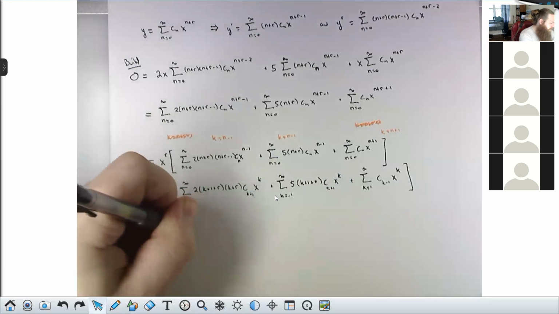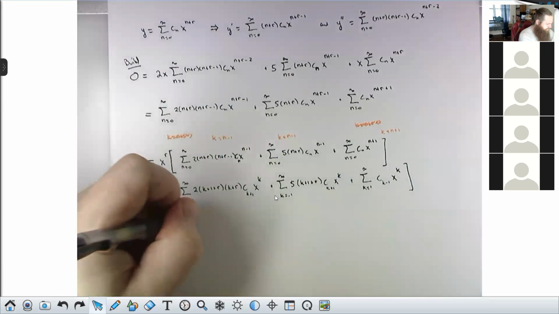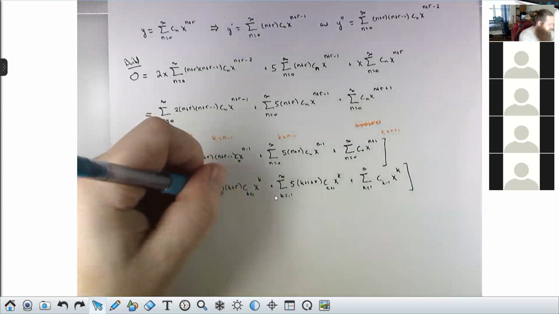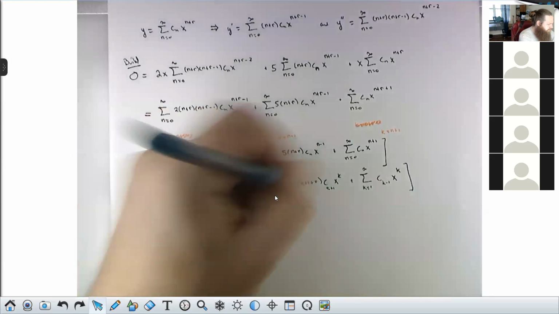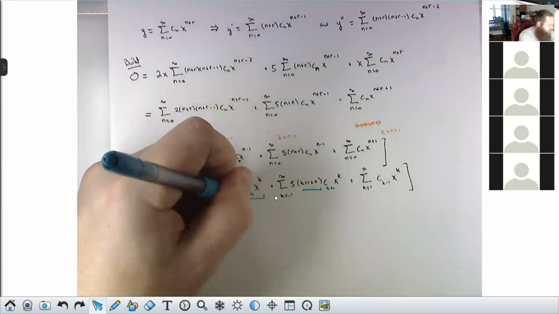Sigma k from -1 to infinity, big parentheses. I'm going to factor out these pieces when I combine these two series.